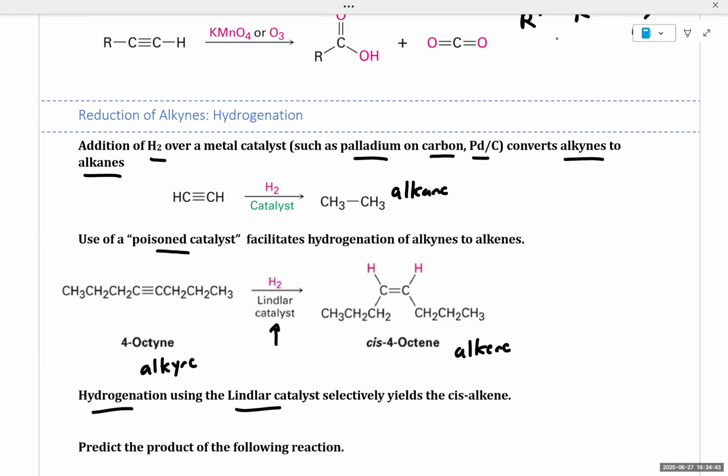Hydrogenation using the Lindlar catalyst is particularly useful because it selectively yields the cis alkene. So this reduction is stereoselective. We only get the cis alkene from the hydrogenation of an alkyne with Lindlar's catalyst.